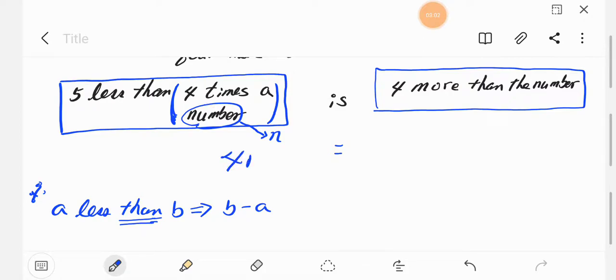And then 5 less than this, so minus 5. So this one should be equal to what? 4 more than the number. This number is the number on the left, so this will be the expression of variable n. 4 more than the number: write the number first and then plus 4. Make sense? So less than, more than, write the second part first.